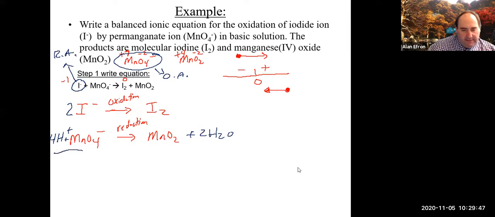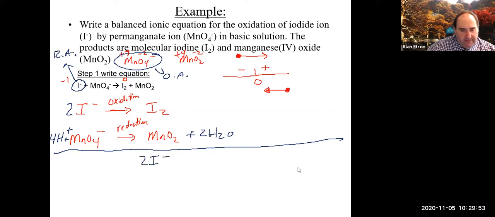So again, I'm just going to rewrite it so I can see it a little bit better. We have 2I minus goes to I2. On the bottom, we have 4H pluses plus our MnO4 minus goes to MnO2 and 2 waters.